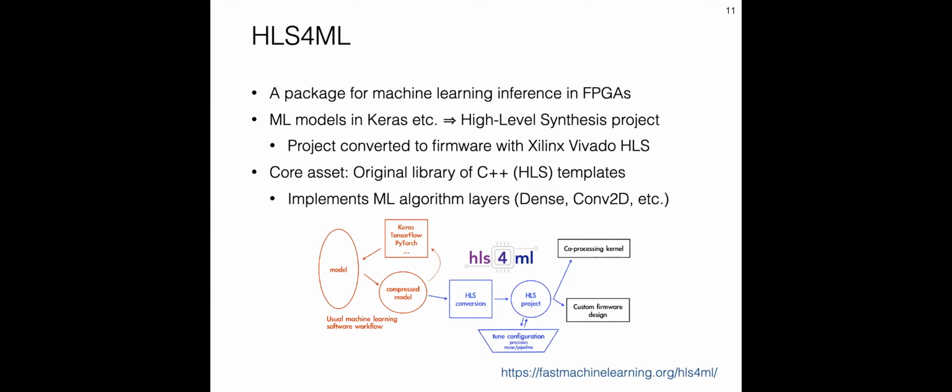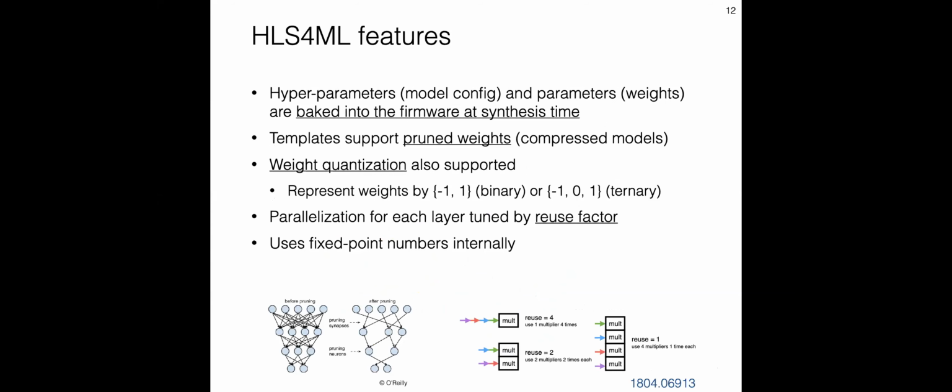The core asset of HLS4ML is the library of HLS templates. Those templates implement the machine learning algorithm layers, such as dense or convolutional networks, etc. HLS4ML just puts these together and creates a project.